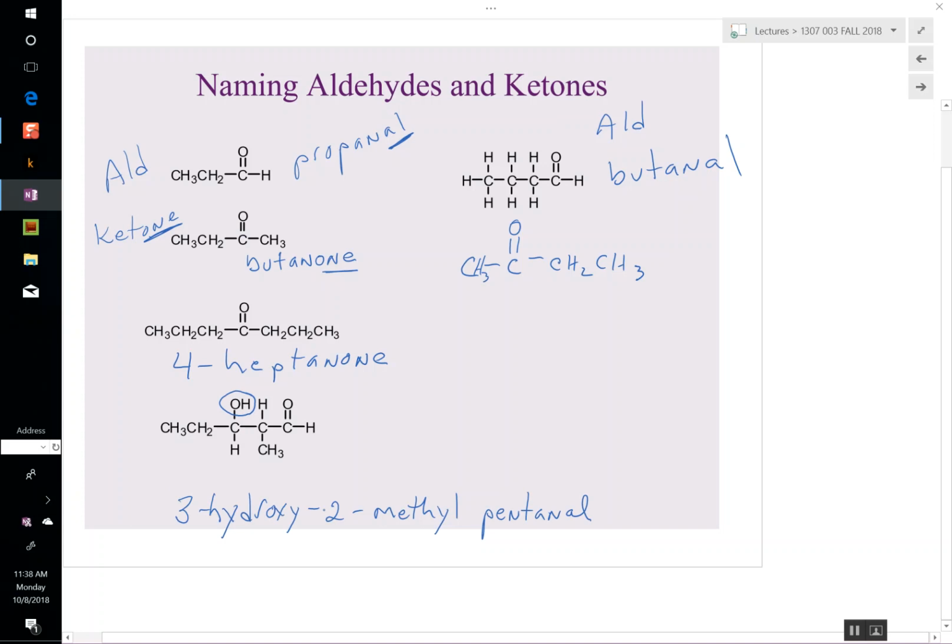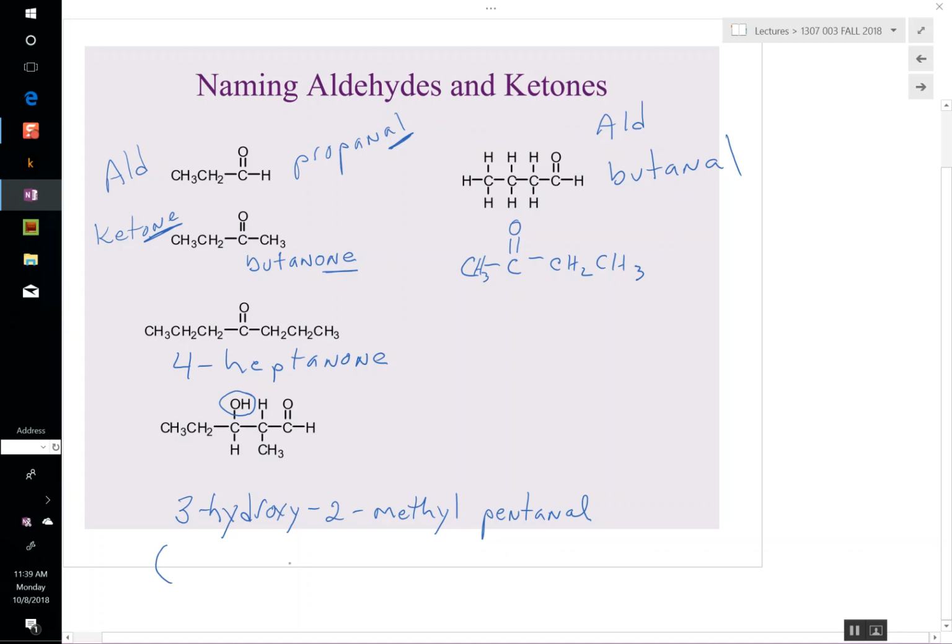So we can't put an OL and an AL in the parent name together. I mean, we could do that, but that's not what IUPAC does. It fixes on the aldehyde. The aldehyde is not going to be a substituent. It's on the chain, and we're going to revert to looking at the OH group now as a substituent.